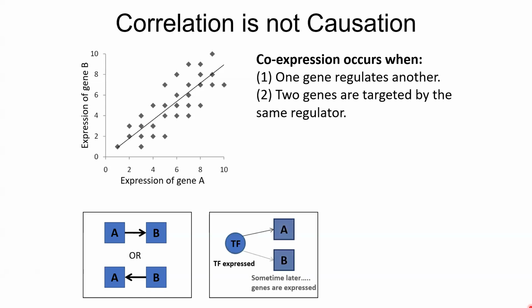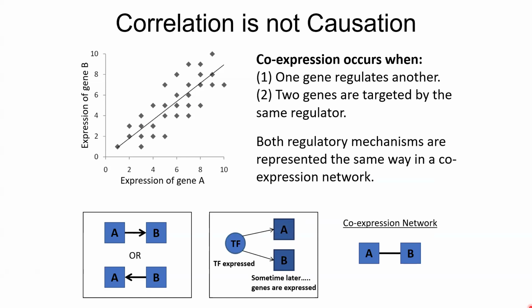However, this same pattern is observed when two genes are targeted by the same regulator. In this case, the transcription factor is expressed, but it's not until sometime later, after that mRNA has been translated into a protein and gone and maybe formed a protein complex, etc., that A and B are co-expressed together.